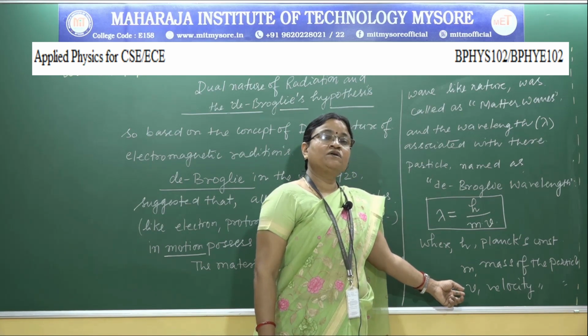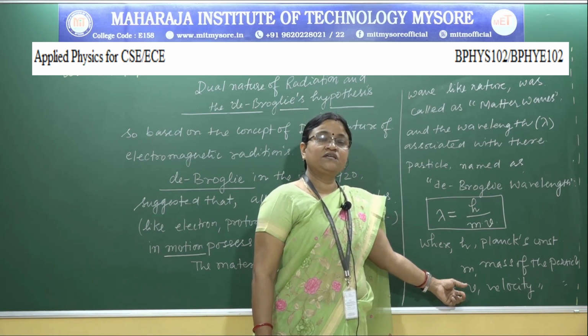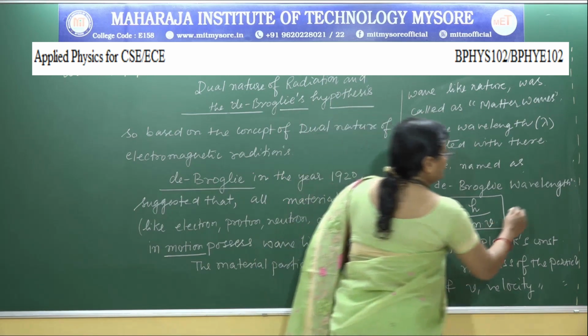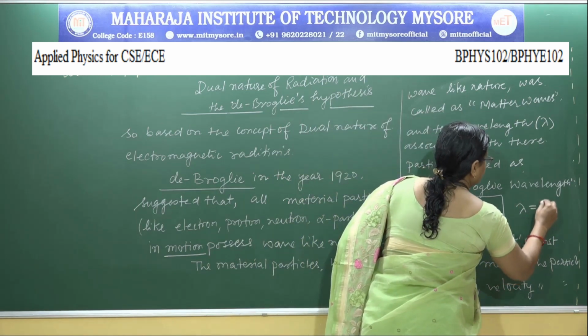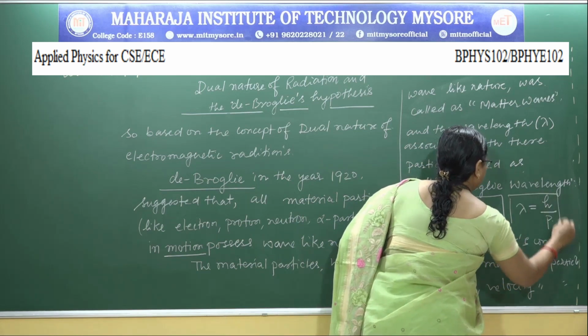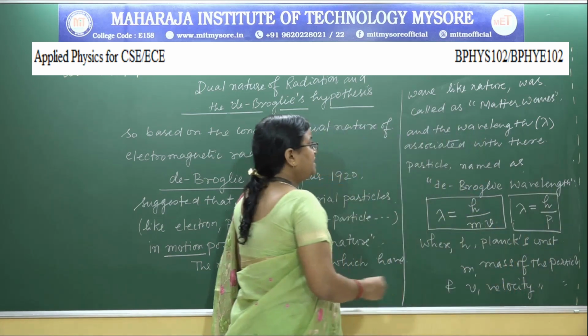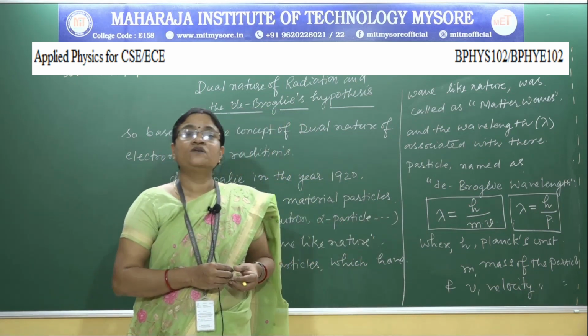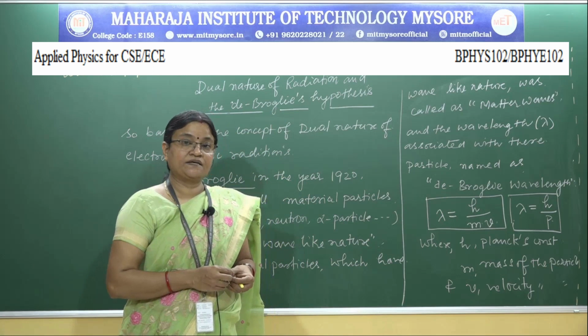Now, the product of mass and velocity is known as momentum, which we denote by p. So lambda can also be expressed as lambda is equal to h by p, where p is the momentum of the particle.